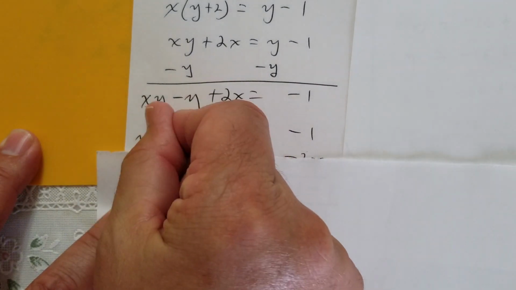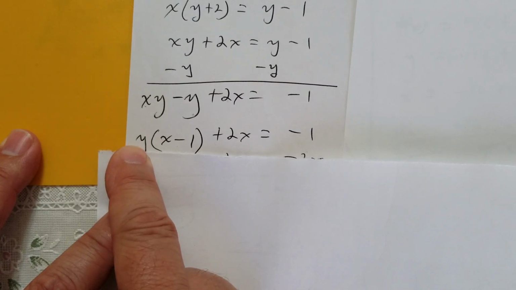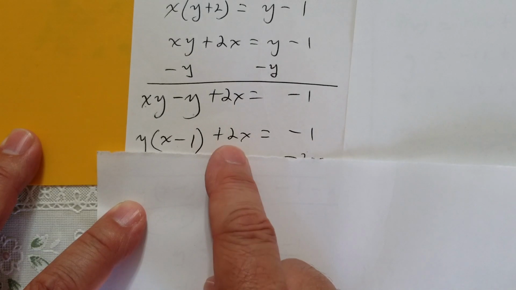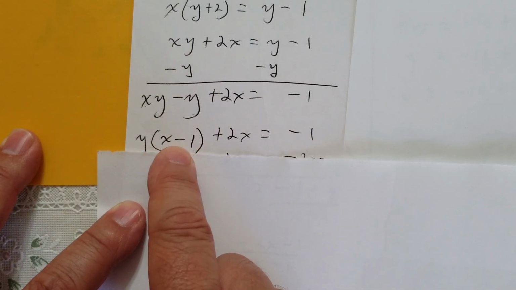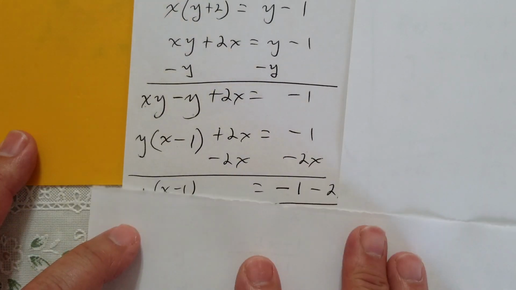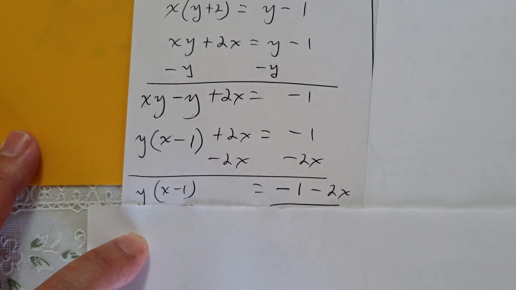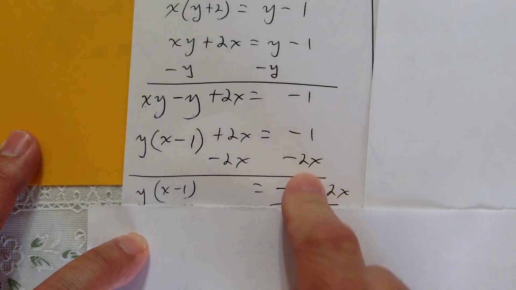You can't combine those, but you can factor out the y. So now I have y showing up only once. Remember, I'm solving for y. So I need to cancel the 2x, and I need to cancel the x minus 1. This you do with minus 2x, right? And 2x is gone. You can't combine those.